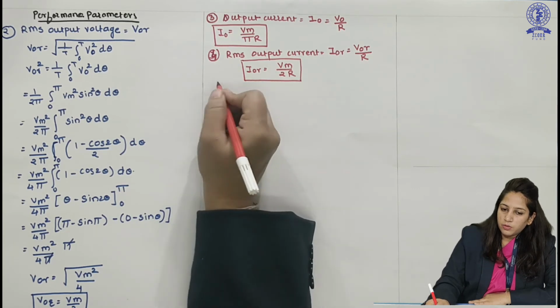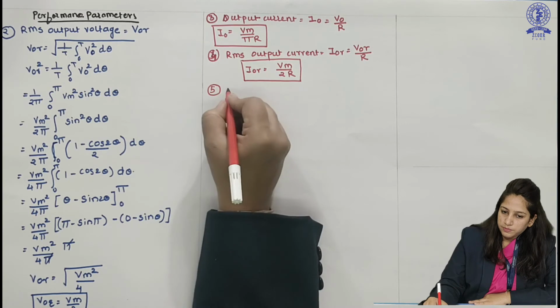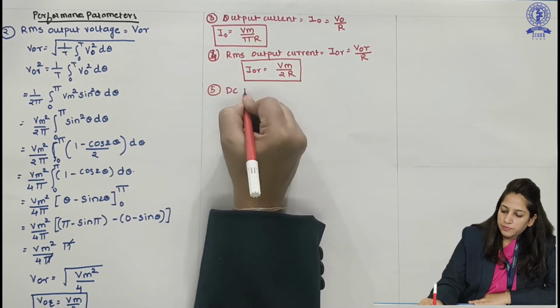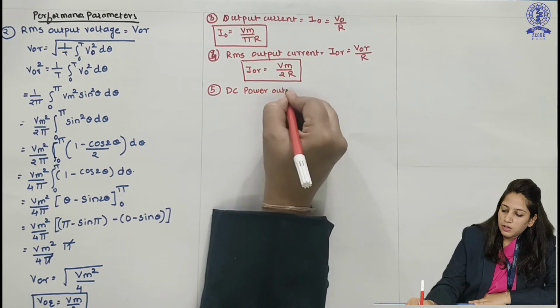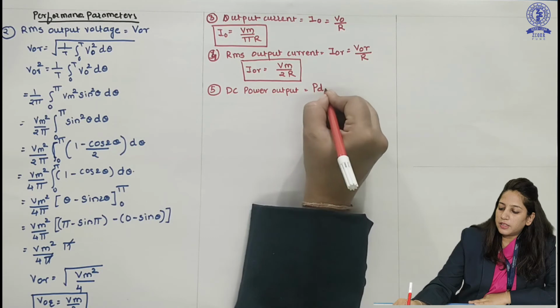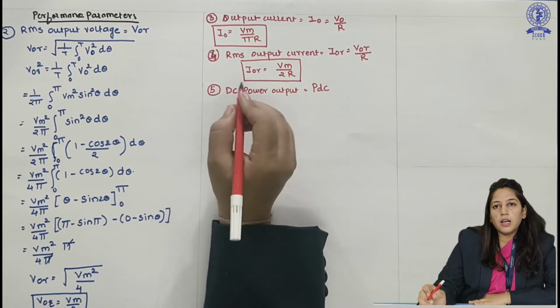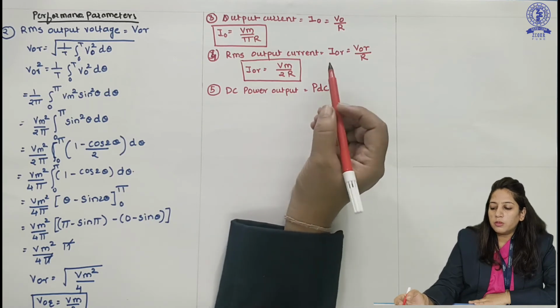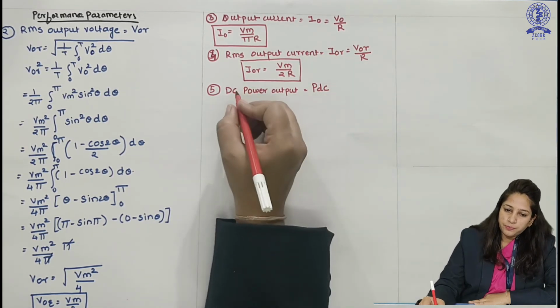Now fifth, we will find out DC power output, which we will indicate as PDC. DC power output is nothing but the product of average output voltage and average output current.